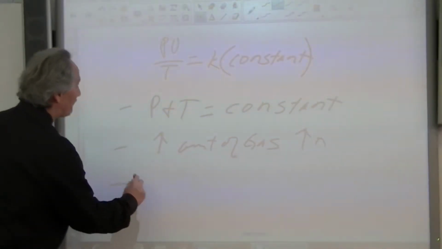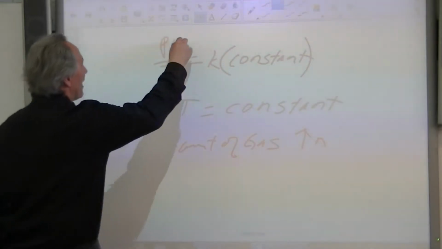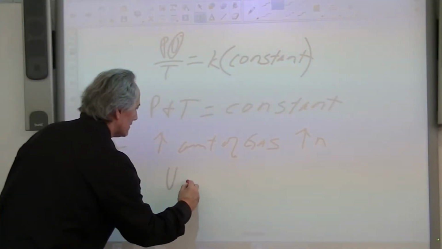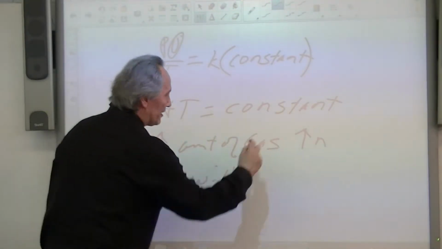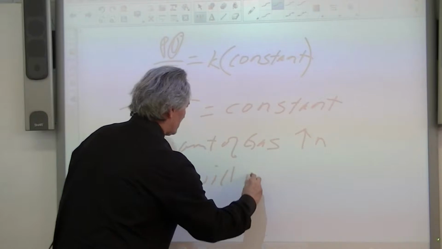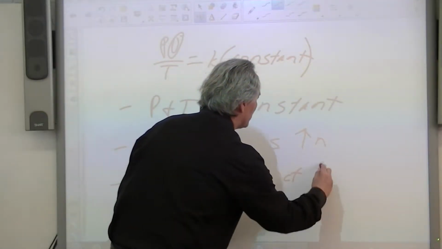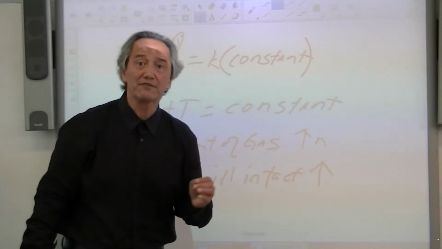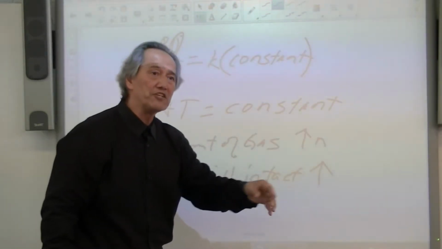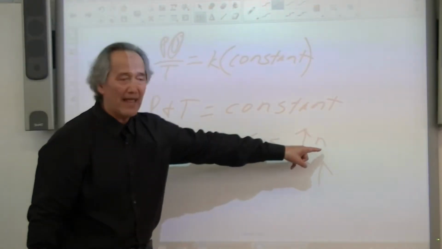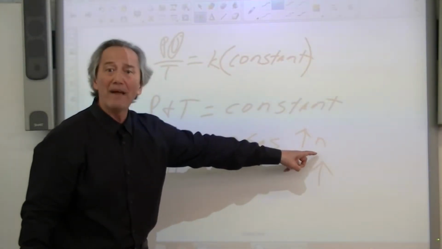What effect will that, in fact, have on my volume? With an increase in the amount of gas, the volume will, in fact, increase also. So what does it tell us about the relationship? As we increase the amount of gas, volume also increases, so that tells us that volume has a direct relationship with respect to n, or amount of gas.